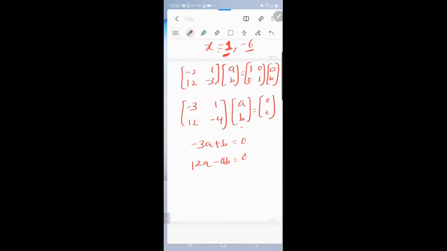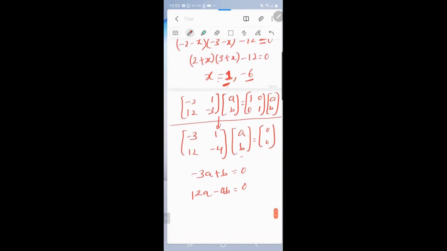Is that because the position doesn't change? Is what, Meda, can you ask your question instead of typing? Oh no, I was just saying for the first one that you wrote, the 1 times [a; b] equals [-2, 12; 1, -3] times [a; b], like that, all equals each other?